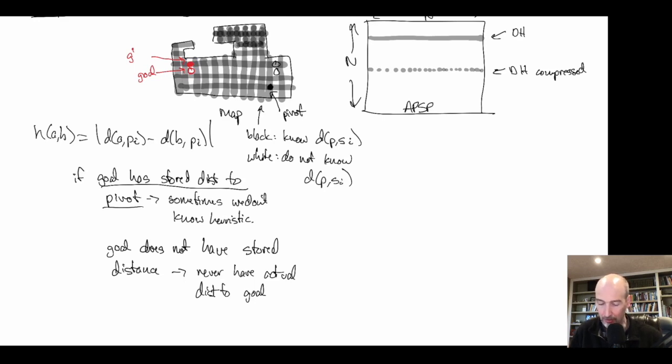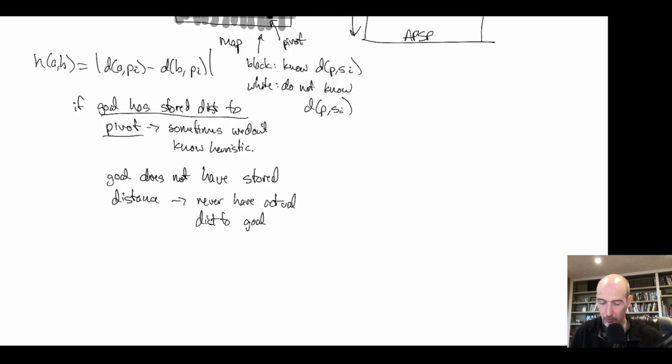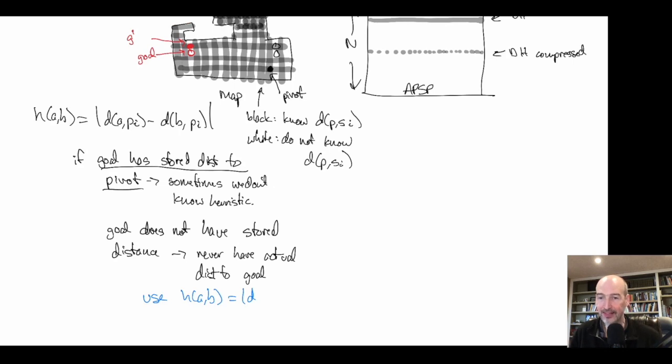So what happens in this case, I'll write this in a color, is that we're going to use, as a heuristic, some surrogate for the goal. So I want H(A,B), and what I'm going to compute is this. Now, I have distances to the pivot, but I don't necessarily have them everywhere.